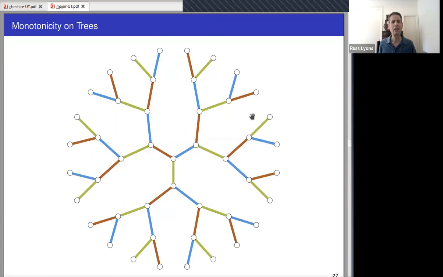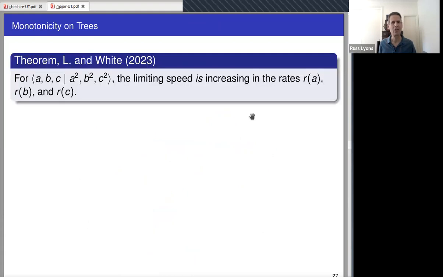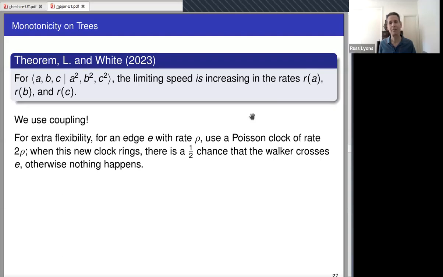However, what about the original question, or the example with trees? It turns out that you do have monotonicity in the rates, and you can prove it using coupling. You actually have to use coupling a few times, but of course you have to be careful. You can't get as ideal a coupling as I asked for before. And so I'm just going to pretty much end with this, and give you a very brief idea.